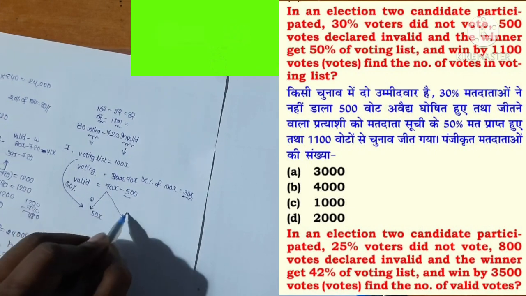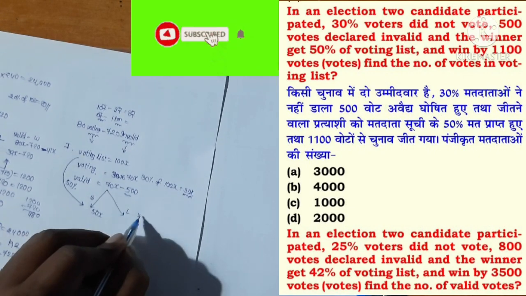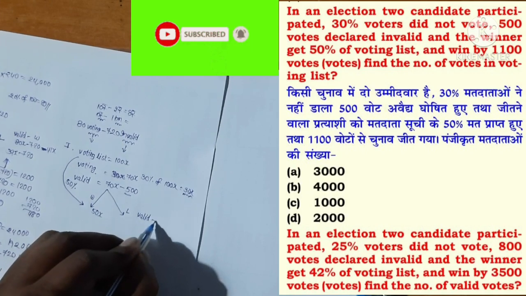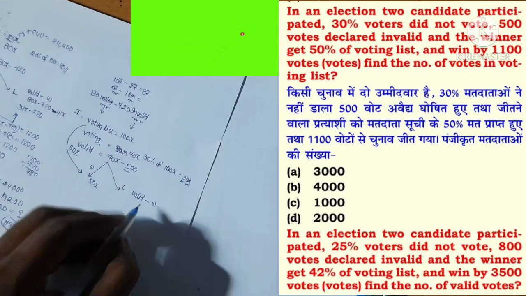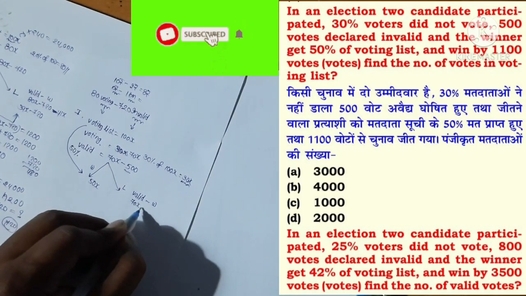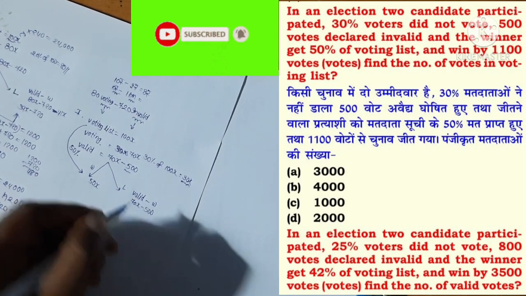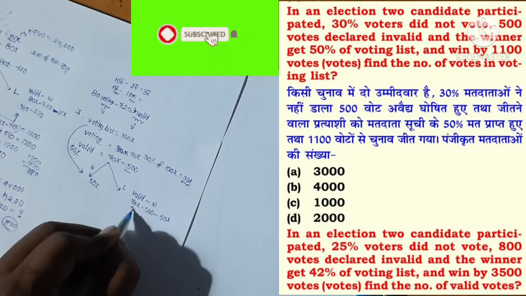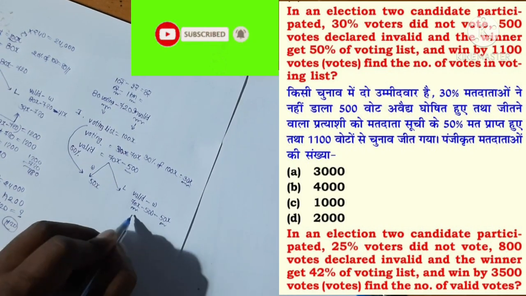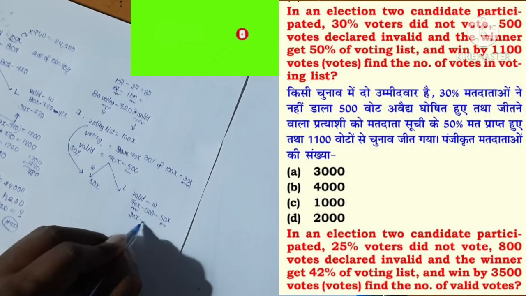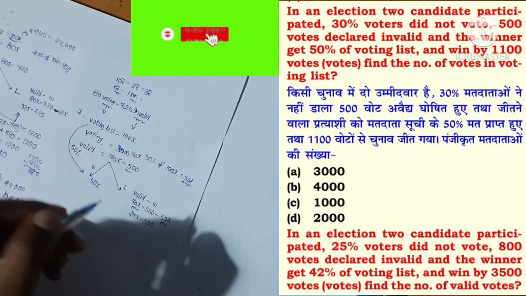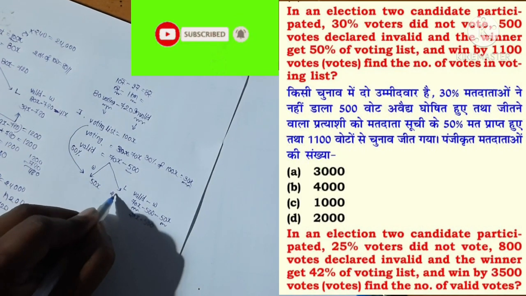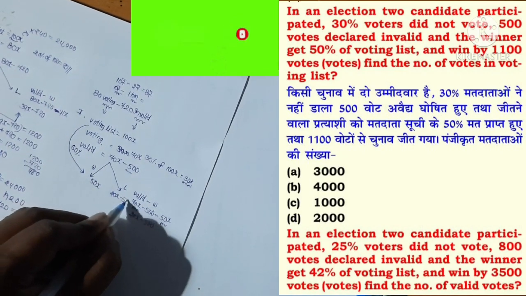The loser will get valid minus winning. So valid is 70x minus 500 minus 50x, so 70x minus 50x is 20x minus 500. So the loser will get 20x minus 500.